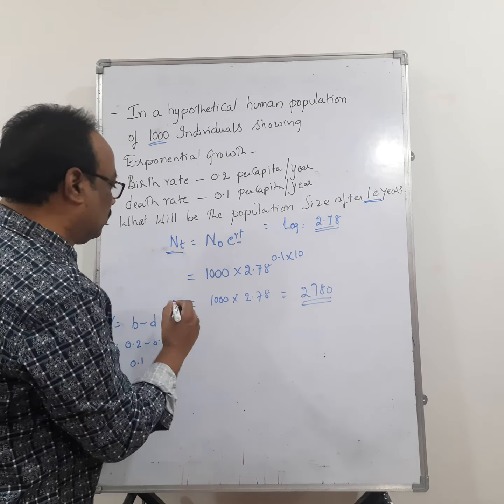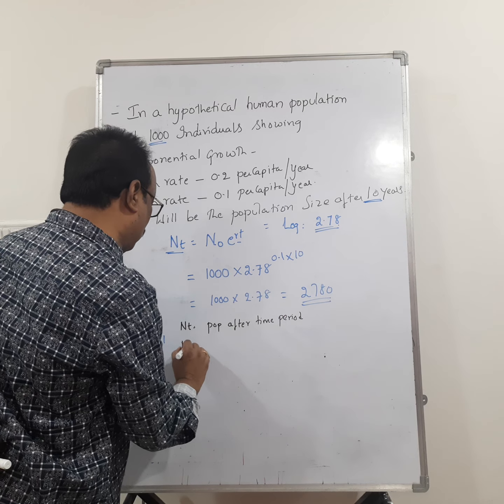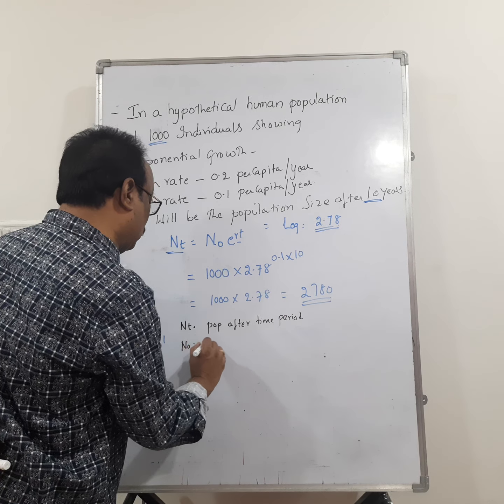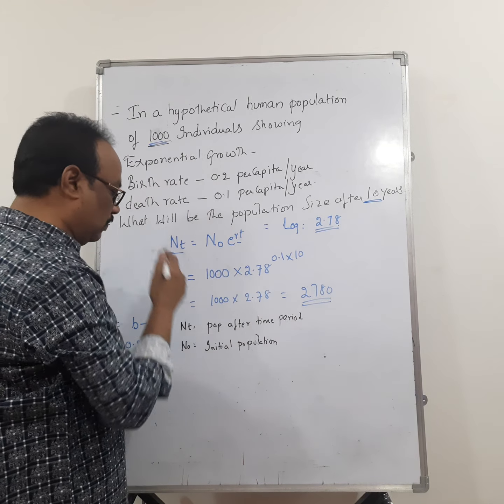See here, Nt equals the population after the time period. N0 equals the initial population, or population at time zero. This is the initial population.